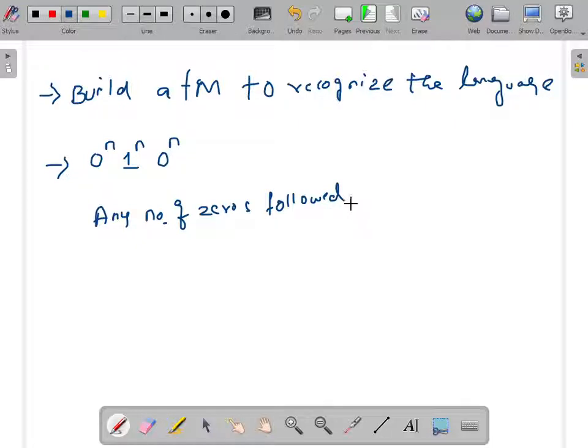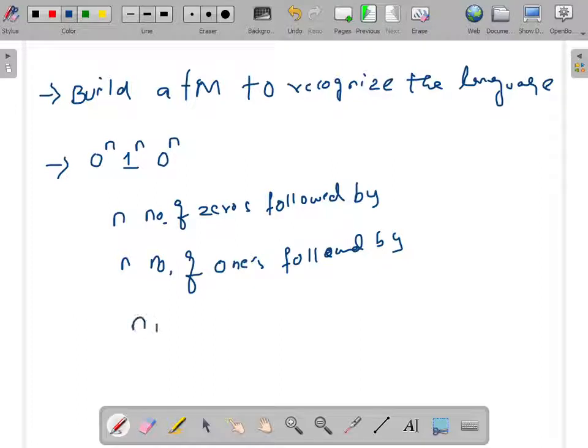Okay, so we cannot write "any" here, we need to write n number of zeros followed by n number of ones, n number of ones followed by n number of zeros.